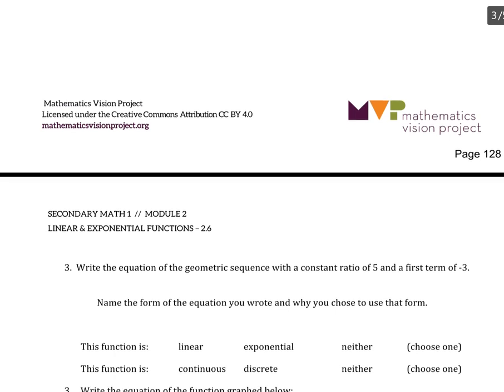It says write the equation of the geometric sequence with a constant ratio of 5. So in that formula, f of n equals r times f of n minus 1. Well, there's our r is 5, and the first term is negative 3. So we're going to use the recursion formula.